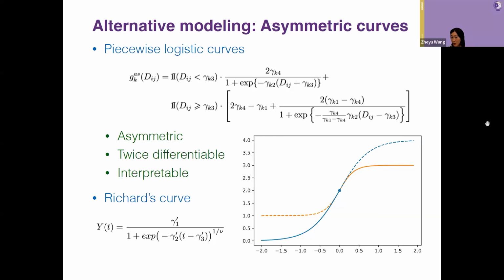Some biomarkers can progress slowly initially and then speed up towards the end. And the nice thing about this piecewise logistic is that it is twice differentiable at the point where the two curves join. So all the asymptotic properties still hold, even though it appears to be a piecewise curve.